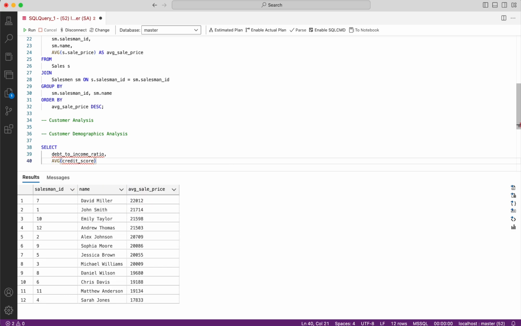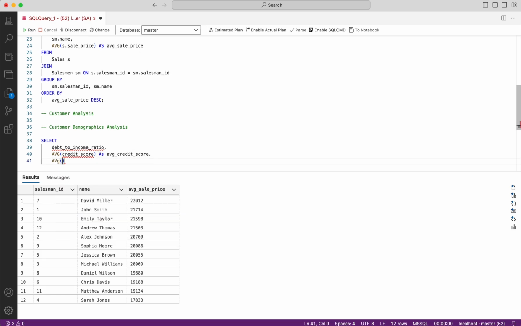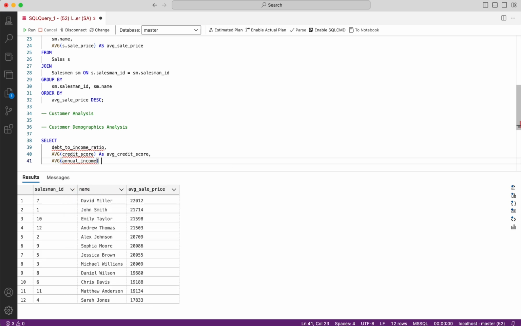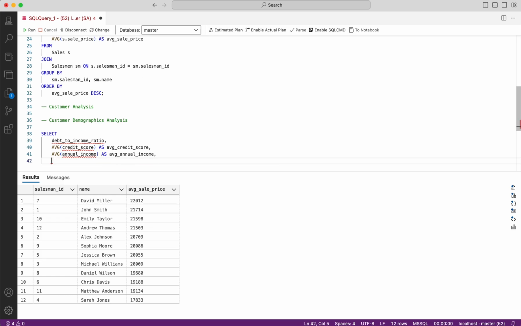Credit score. And then we want an average of annual income. And we want a total count of the number of customers.